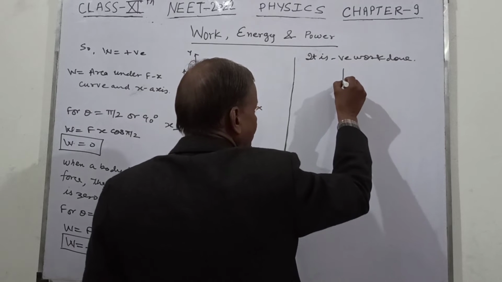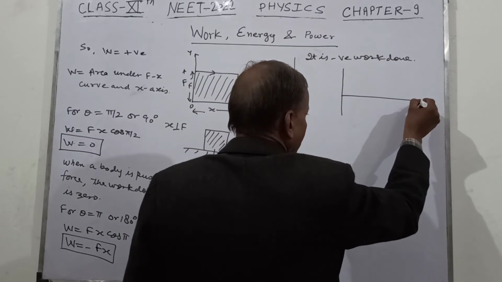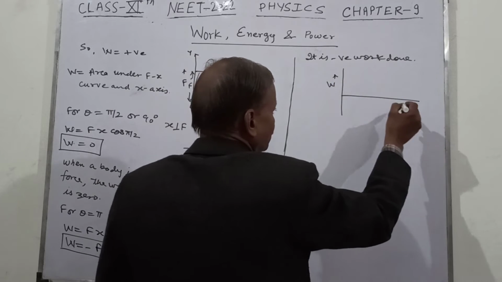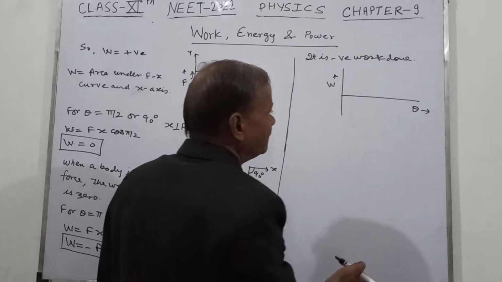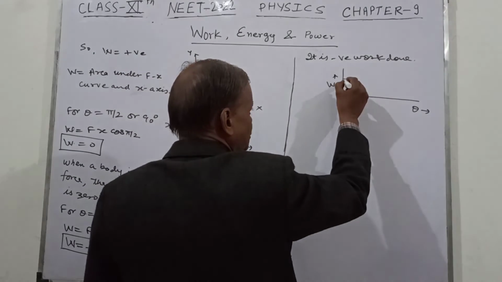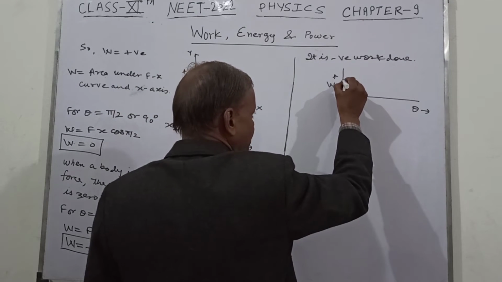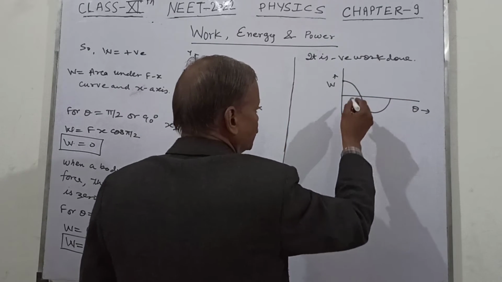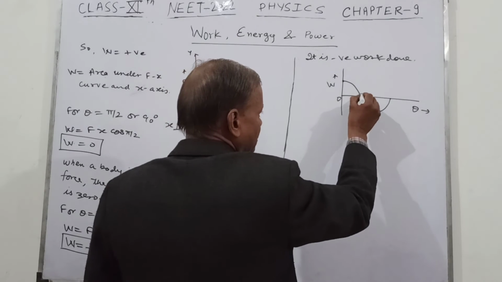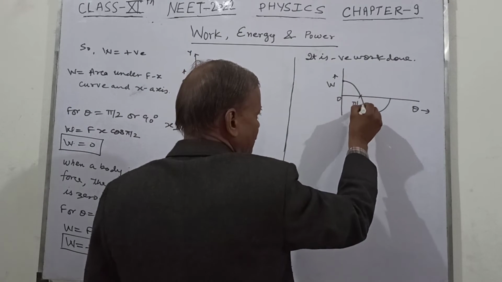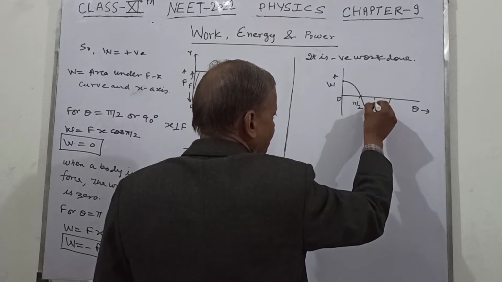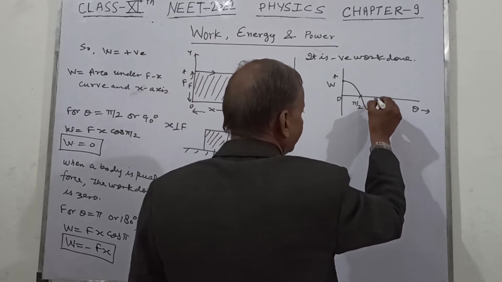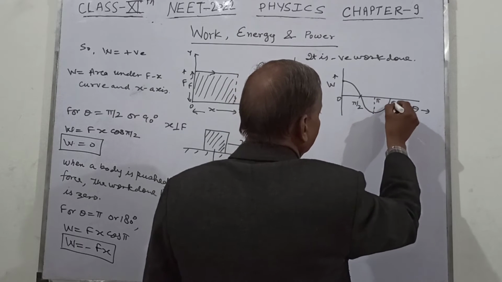Now you can show it by the graph. Suppose we have the work done W on this axis, and theta on this axis. Then at 0 the work done will be some value, and then this, and then this. So what we have, this is now your 0, this is pi by 2, this is pi, and this is now your 3 pi by 2.